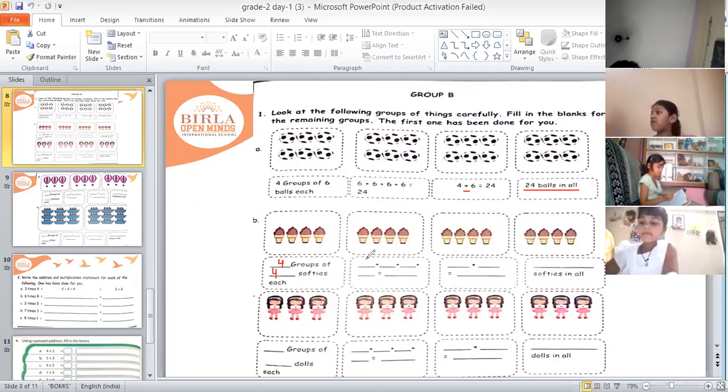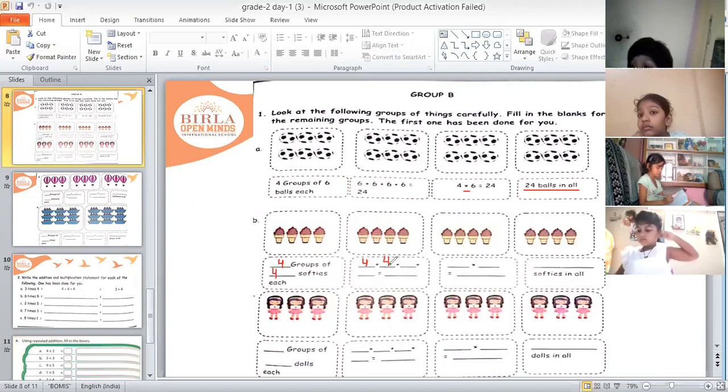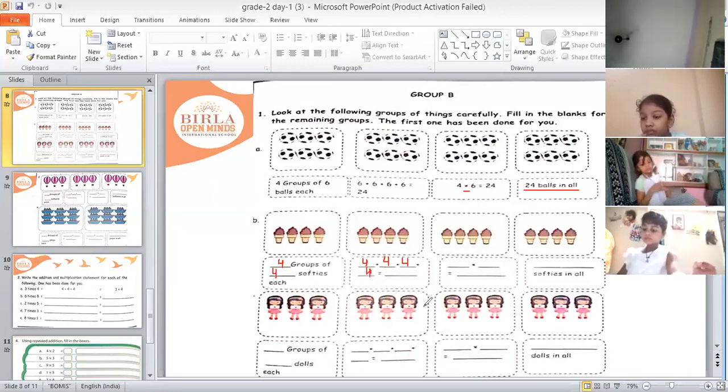Yeah, so we will repeat number 4. Okay, so we will write here 4. Yes, so start writing. Shruti, start writing. 4 plus 4 plus 4, plus 4. 5, 6, 7, 8, 9, 10. Ashwika, now count and tell me total how many softies are there?